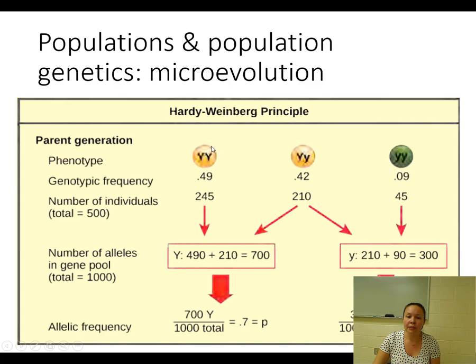And so those garden peas that are yellow would have two capital Y's because you get two alleles, one that came from mom and one that came from dad in sexual reproduction. And so remember, you have to have two alleles for any gene that you have. And so you're going to see two capital Y's for the yellow piece.